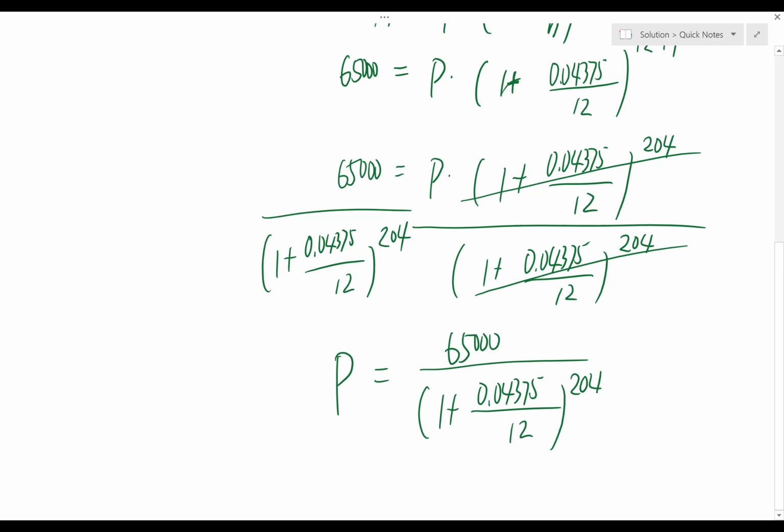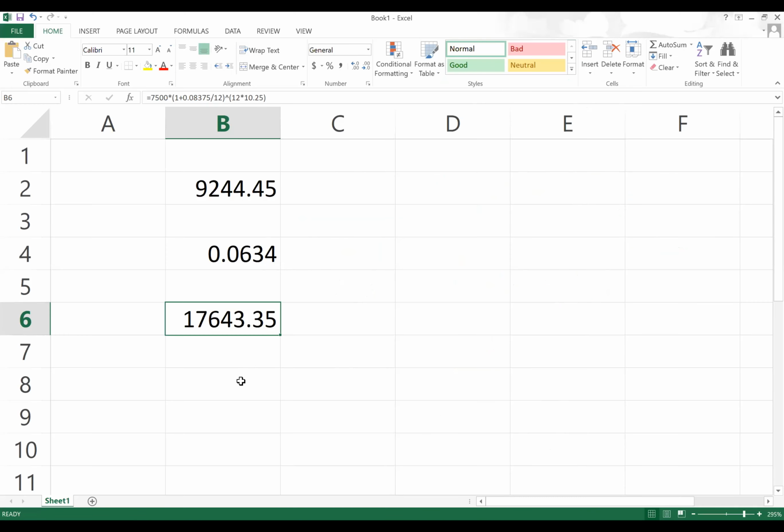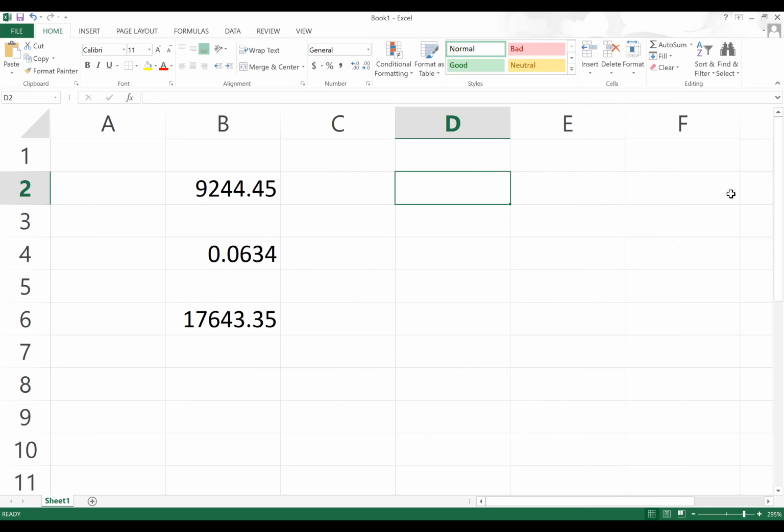Okay, and I'm going to quickly show you how to do this in Excel. Okay, there we go. I put here 65,000. That's the numerator, and divide by the denominator. Put in the parentheses first.